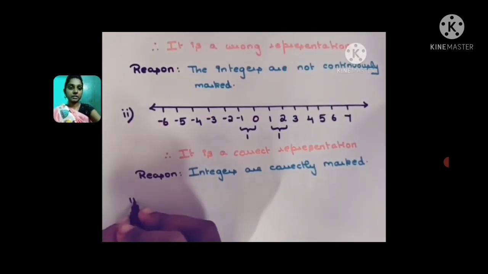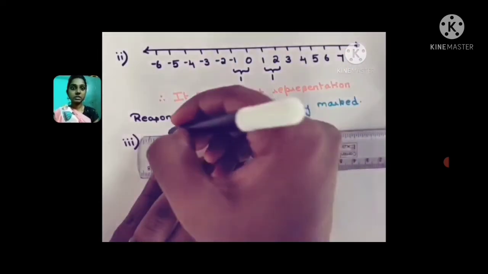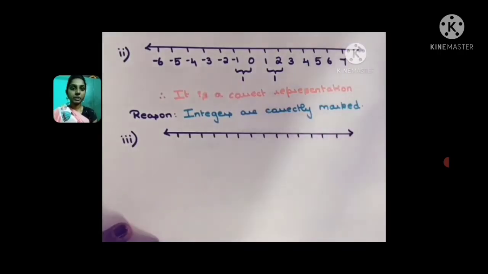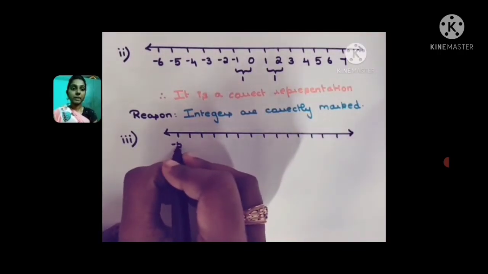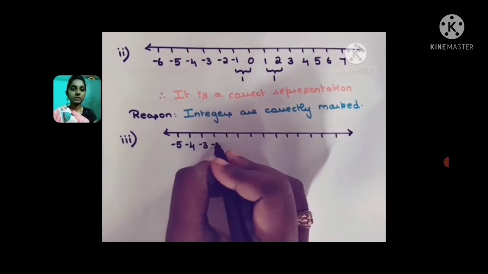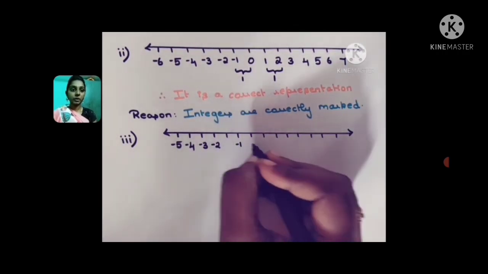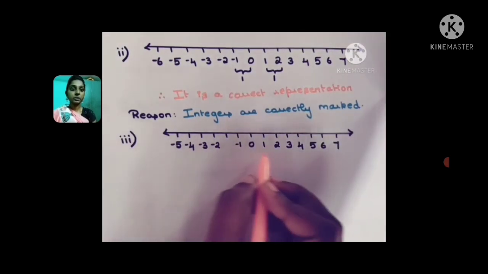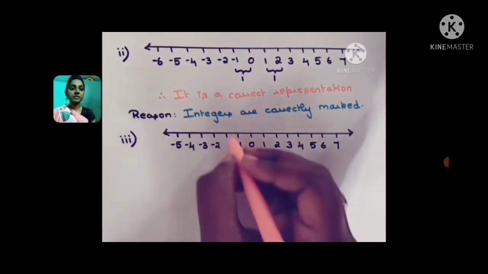Now, the third subdivision is the number line given to us, we have minus 5, minus 4, minus 3, minus 2, and leaving one space we have minus 1, 0, and so on. So look at this number line.